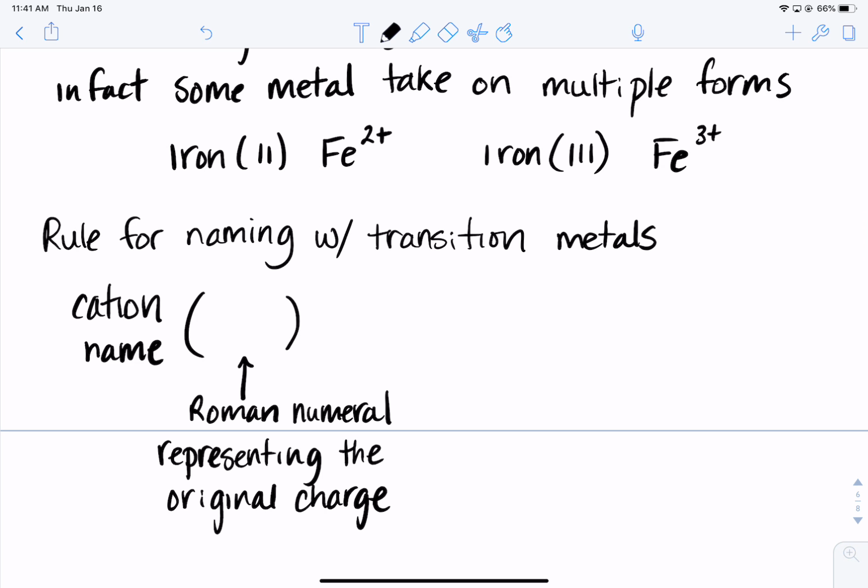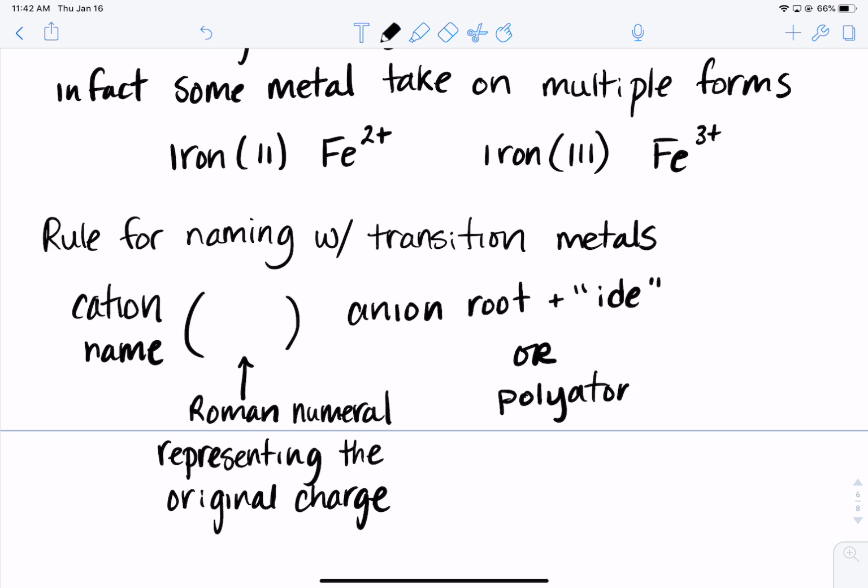So you have to put a Roman numeral after it. And then, of course, you just put the anion root plus the ending "ide." Same as before, like chloride or carbide, nitride. Or if it's a polyatomic ion, you just use the polyatomic ion name. So carbonate, sulfate, perchlorate, whatever it is.